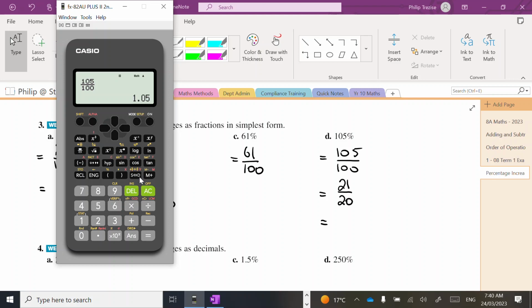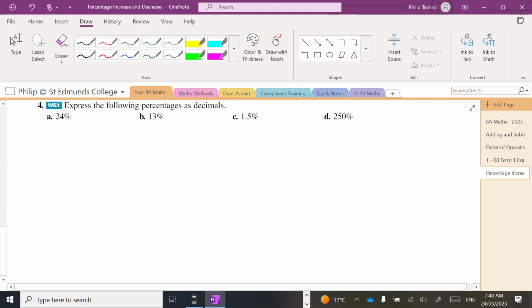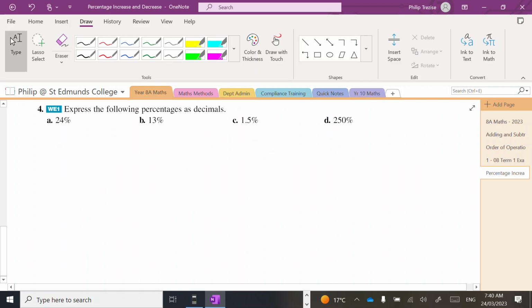It gives it in a decimal form. But if I press the Shift button first, then it gives me a mixed number, 1 and 1/20. So either of these answers is acceptable. No need to change from the improper fraction to the mixed number, but just want to remind you. Now, we had covered that earlier.